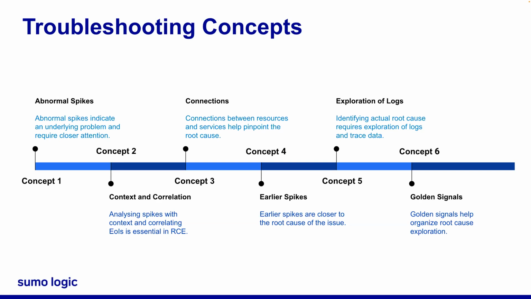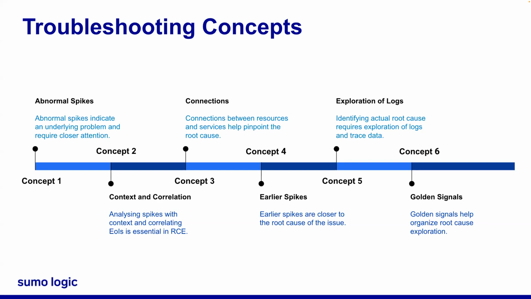Which one would you say would be essential for strategies for root cause exploration? Would that be the context and correlation? Oops, sorry about that. What other options do you have left for that? I'm kind of doing the same thing on my exam here. Yeah, I'm stuck.